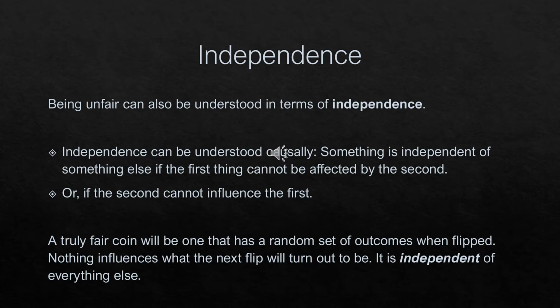But the idea here is that if you had a coin that for some reason would tend towards coming up heads if it had come up tails the time before, well, then that wouldn't be an independent coin toss, right? It would be a dependent coin toss.